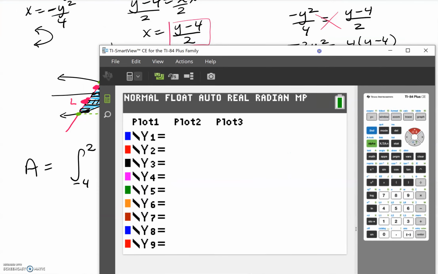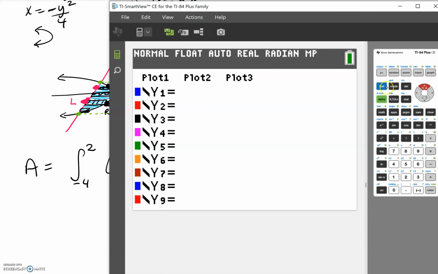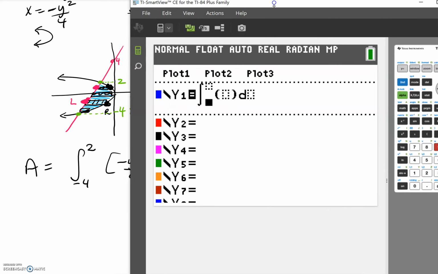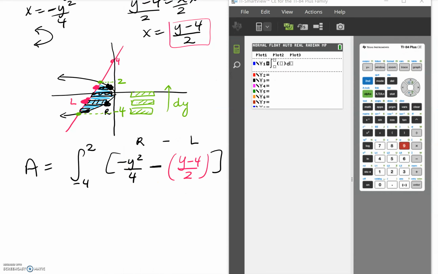Our integrand, that's all I care about, is integration, right? So I'm going to do math 9. Oh, I don't want it in y equals. Let me quit that. Math 9. Bottom limit negative 4, top limit 2.